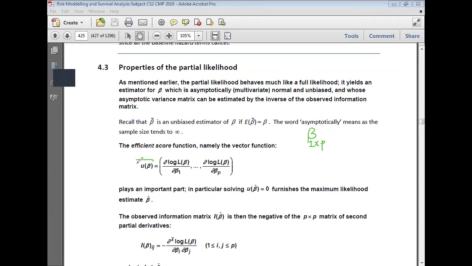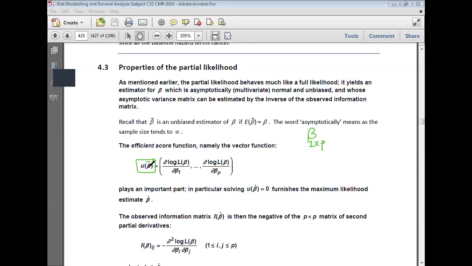So this U of beta here now represents the first derivative that we usually take and equate to 0 to figure out the value of beta. So now what you will do is you will just write this U of beta, and again this beta is a vector that you write here, which comprises beta 1 up until beta p.